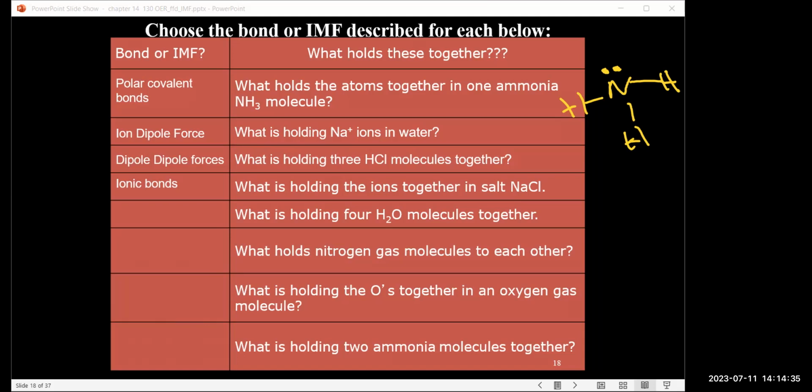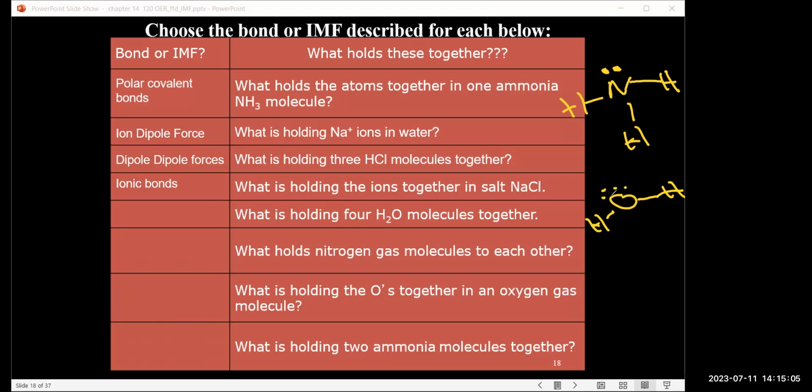If you do the Lewis dot structure on that, you end up with oxygen bonded to two hydrogens, but more importantly, we have two lone pairs of electrons on the central atom. That makes it even more polar. So water is, without question, always polar. It's the most polar molecule out there.